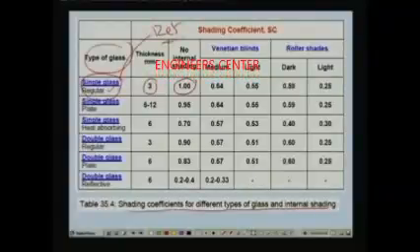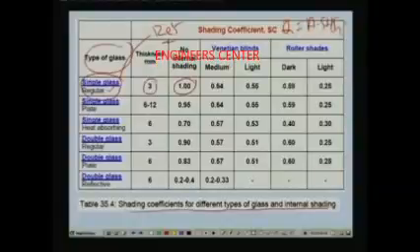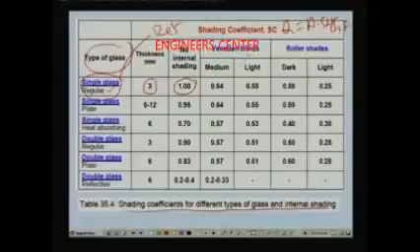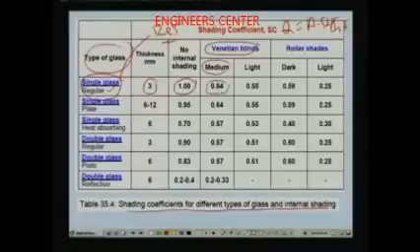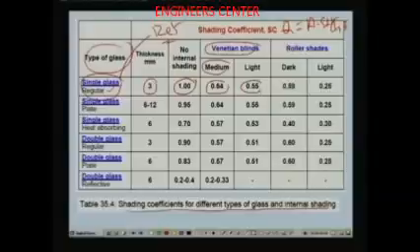So for this glass, Q is simply A times SHGF maximum that you get from the table. However, if you are using internal shading, for example Venetian blinds of medium type, the shading coefficient reduces to 0.64, and with light Venetian blinds it becomes 0.55.